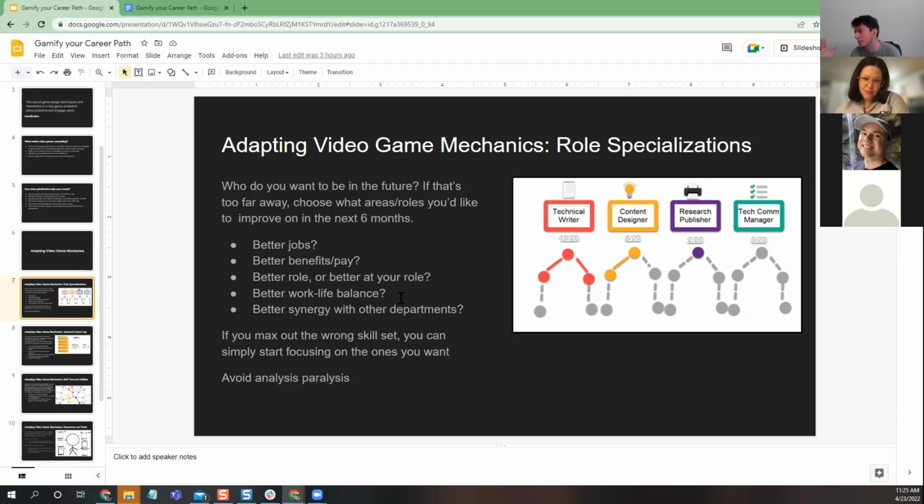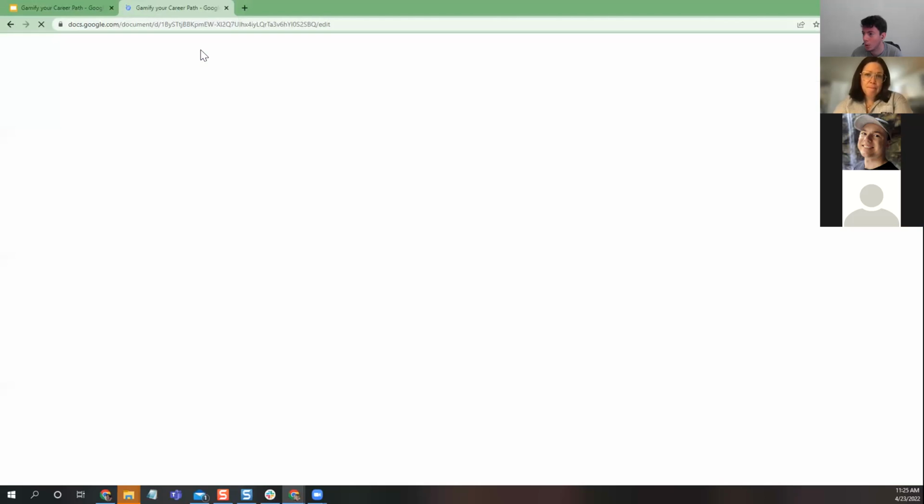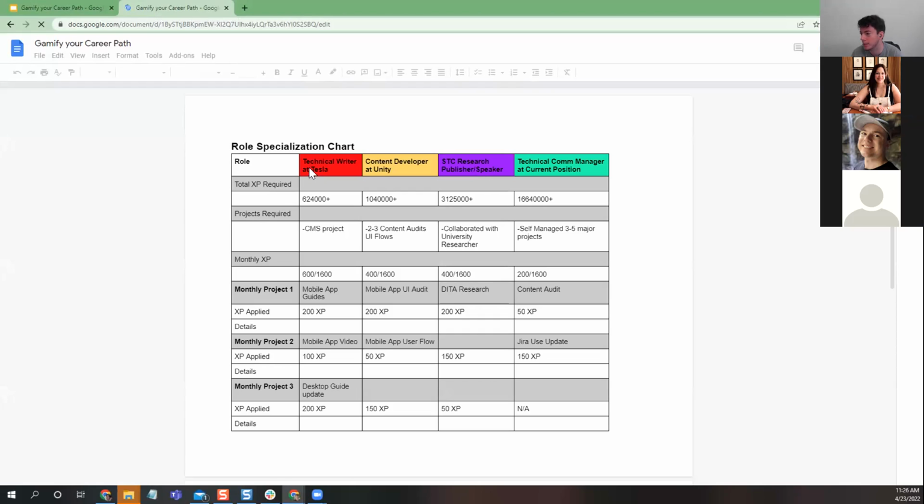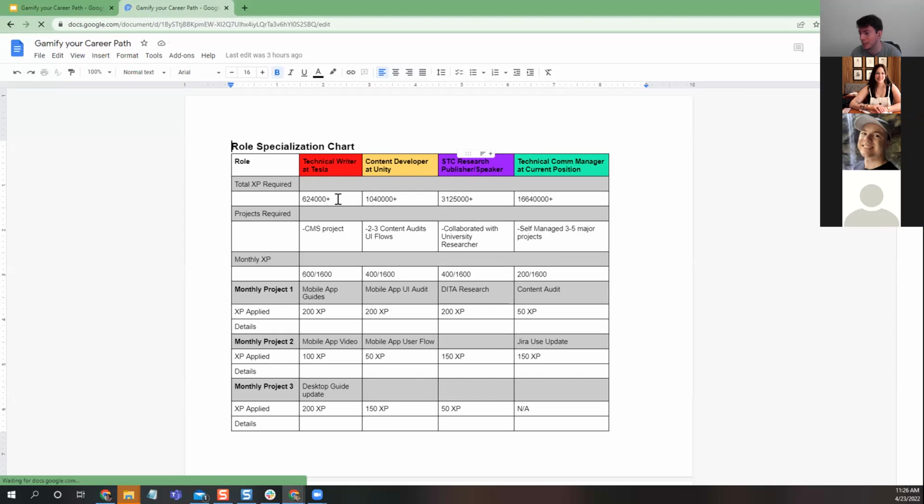Even if you're totally inexperienced, like I put technical communication manager, you can start from level 1 and start working your way up. I also have a worksheet, a table that looks like this. I put technical writer at Tesla, content designer at Unity, and I want to research more and be an SCC publisher.